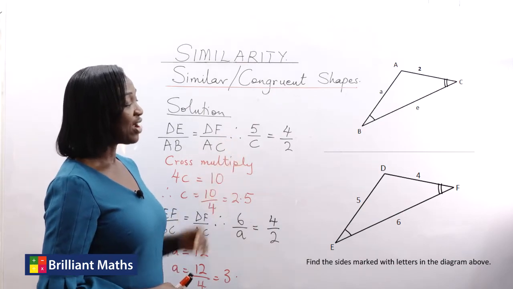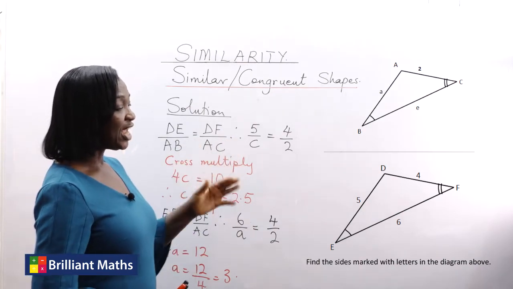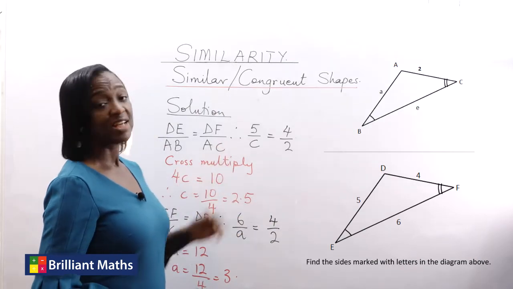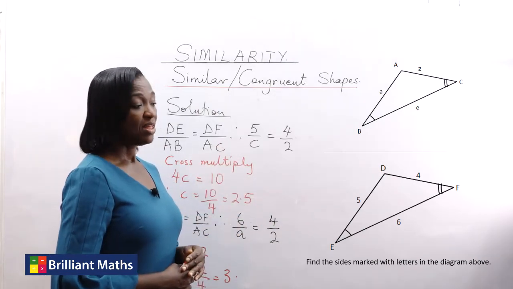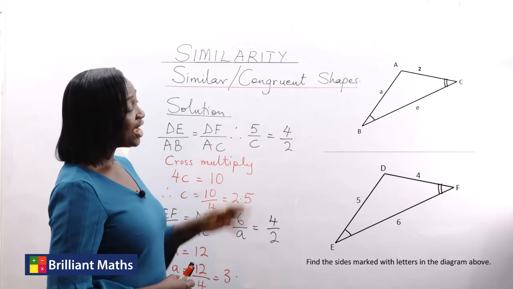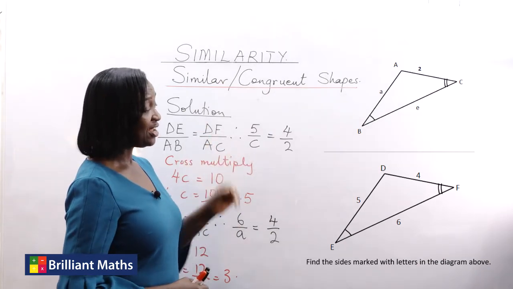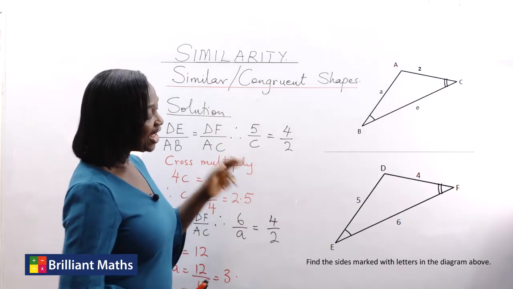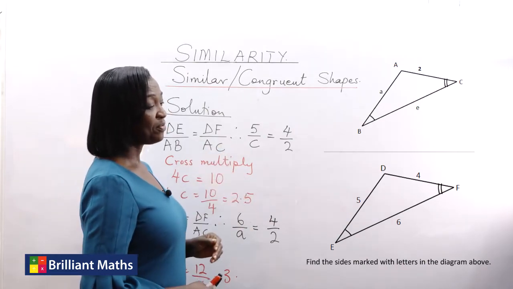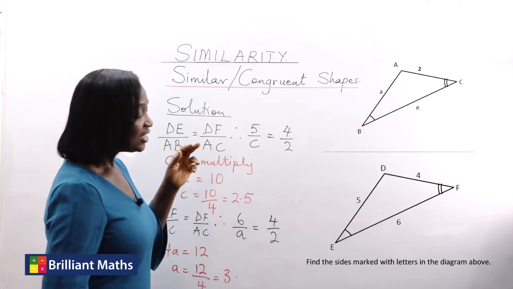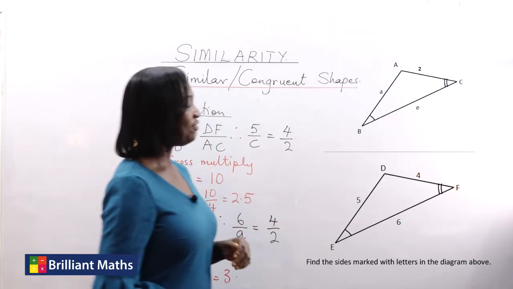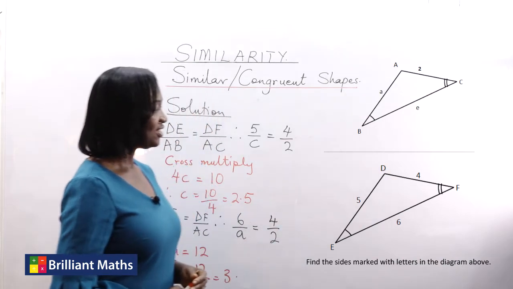So triangle DEF and triangle ABC are said to be similar. That means that the angle at D, as we can see, corresponds with the angle at A. The angle at E corresponds with the angle at B, and the angle at C corresponds with the angle at F. Can you see that?